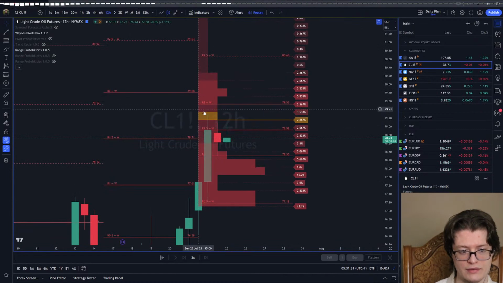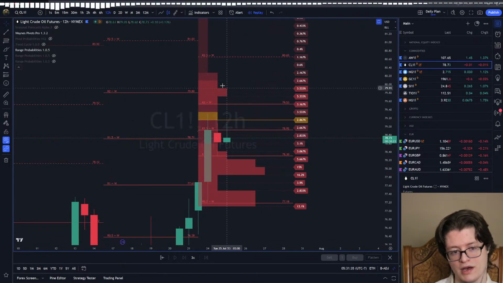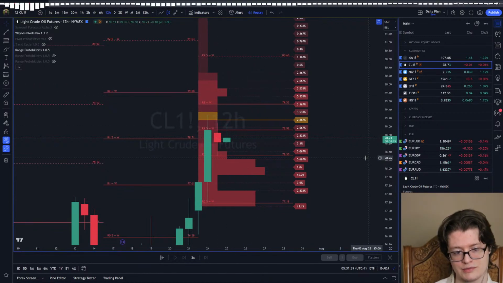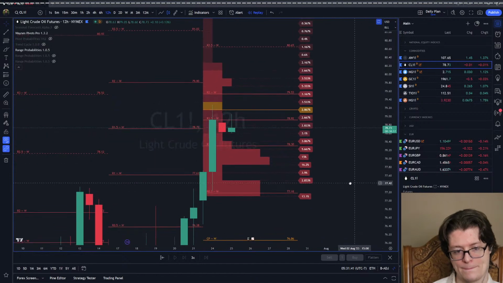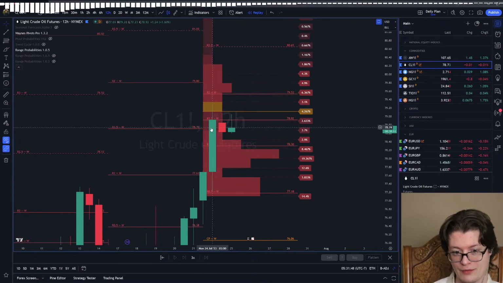Yeah, check that out. You've got an extra bump up here above R2, another peak in the distribution. So I'd say it's unlikely the top actually is coming in right now.